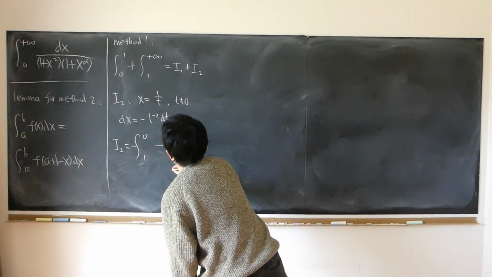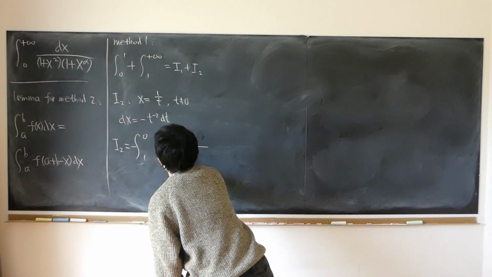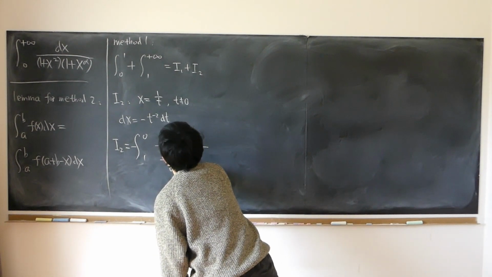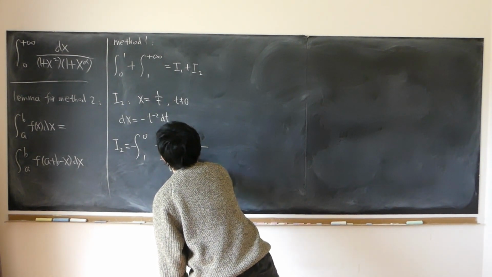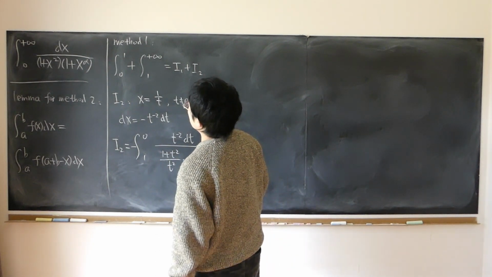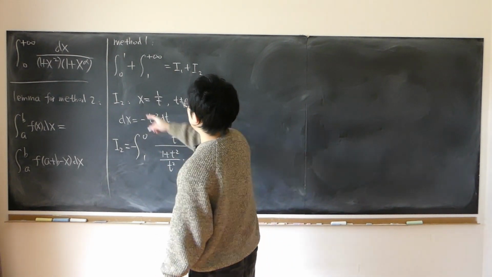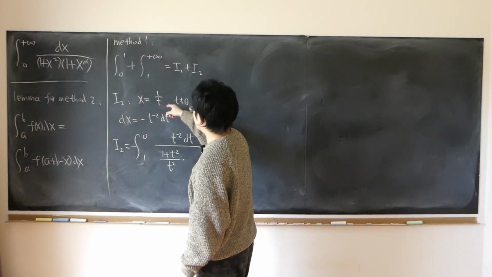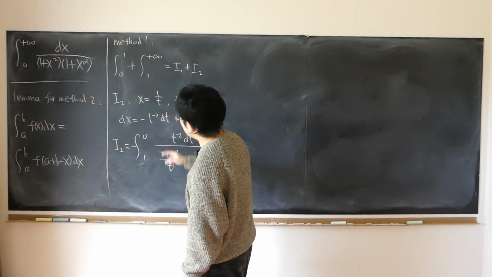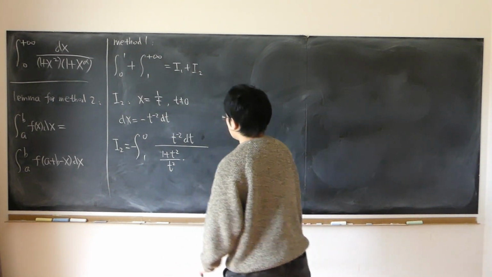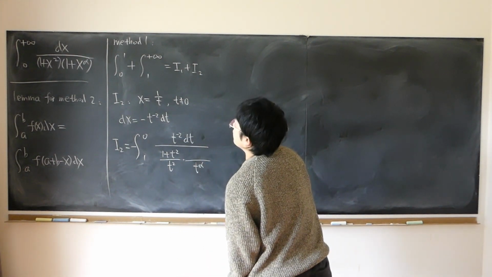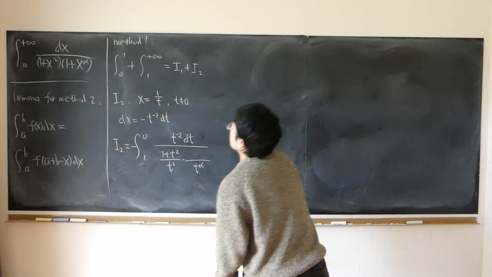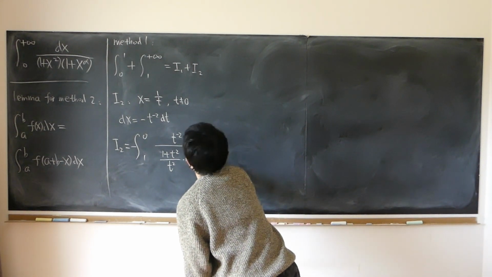Common denominator t squared: t squared on the bottom, 1 plus t squared on the top. Times 1 plus x to the power alpha, and x to the power alpha becomes 1 over t to the power alpha. Again, common denominator, t to the power alpha, then we have 1 plus t to the power of alpha.